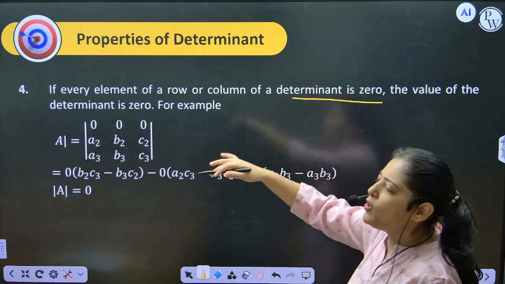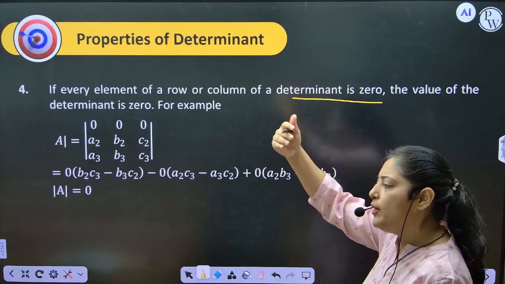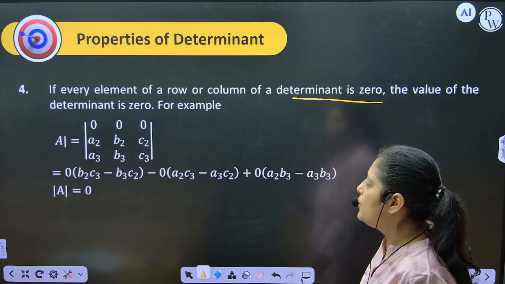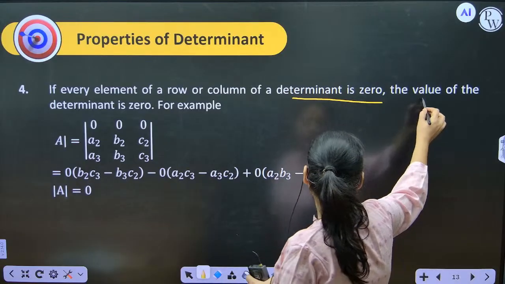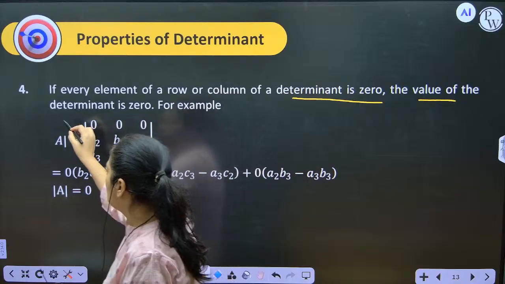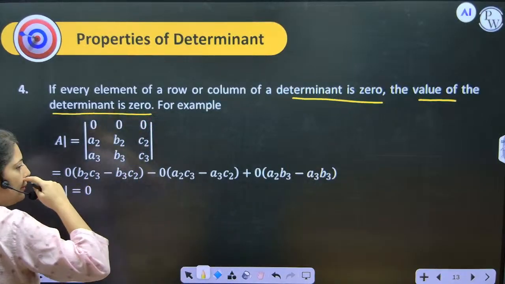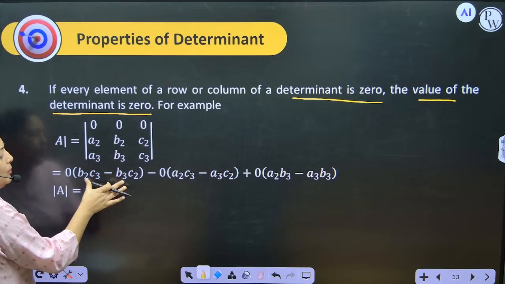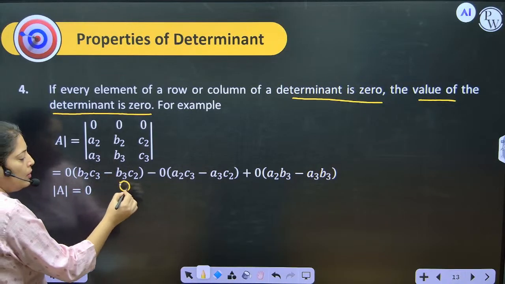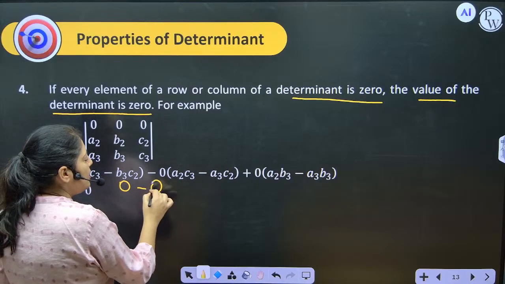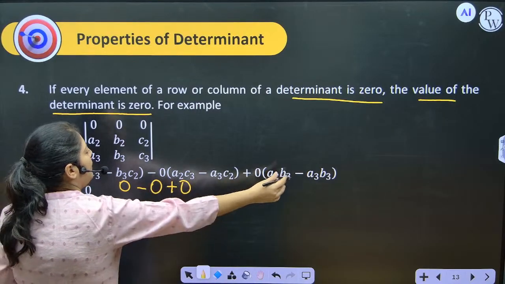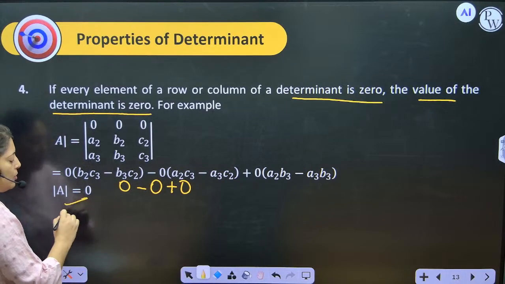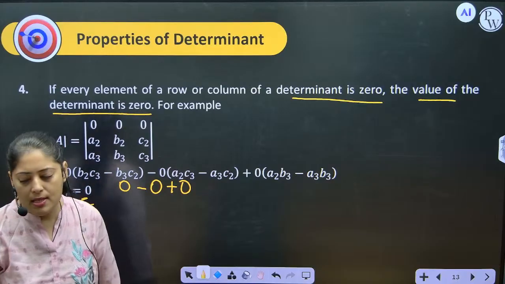If one row is also 0 or if one column is also 0, answer will definitely come out to be 0 only, or we can say the value of determinant will come out to be 0 only. How? See, expand through this only, no? 0 multiplied by anything is 0. So, answer will come out to be, value will come out to be 0.